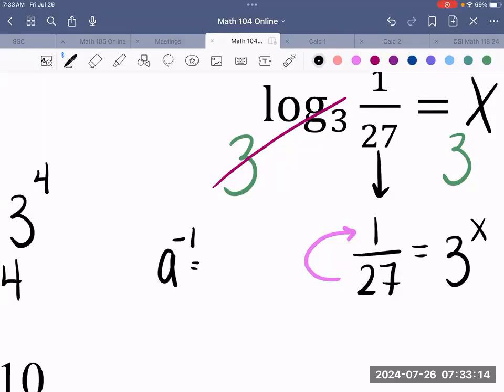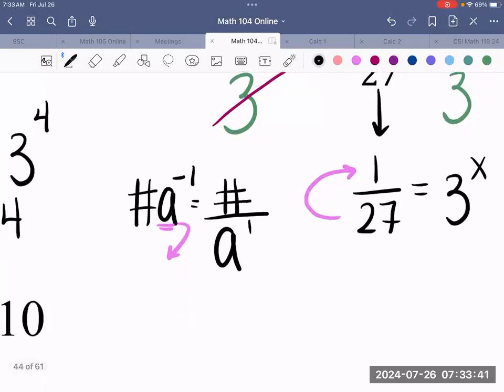If it was in the numerator, we're going to bring it down below, and maybe I put a number out front. We're going to put just this value down below. We're going to keep everything else the same, and we're just going to shift the position of a. By doing that, we now have a positive exponent.